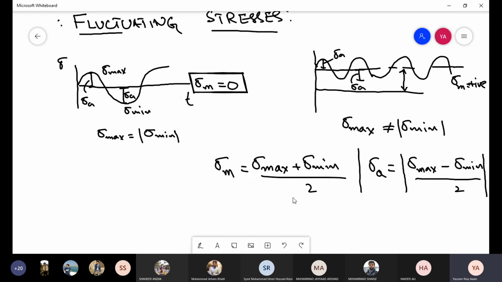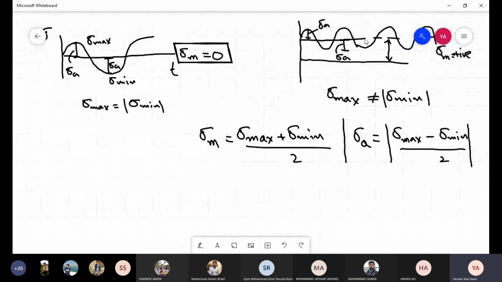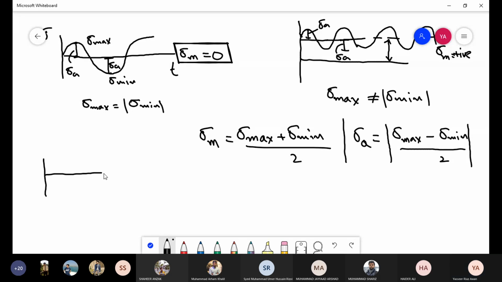So what are some of the common cases? One of the common cases is this, where the sigma mean is positive. Another could be like this, where the sigma m is negative.